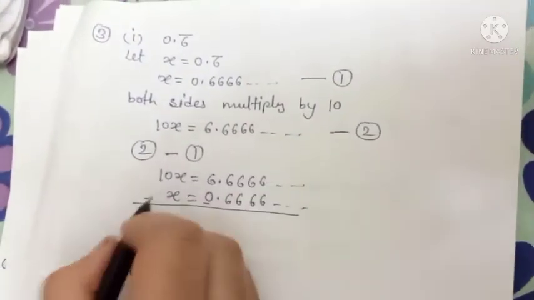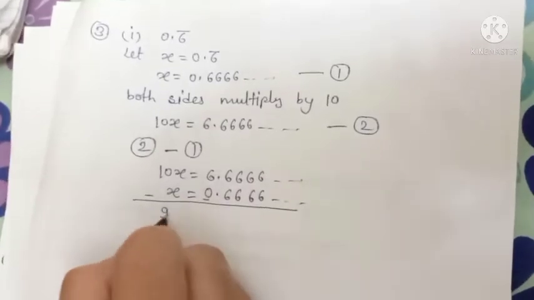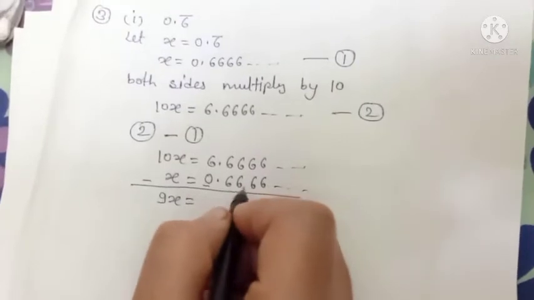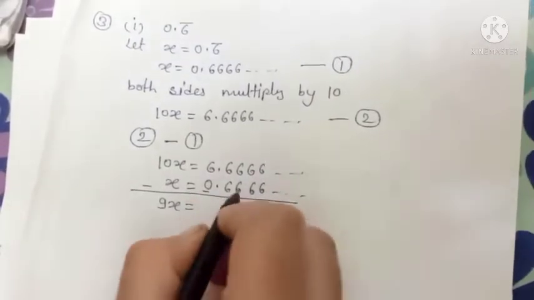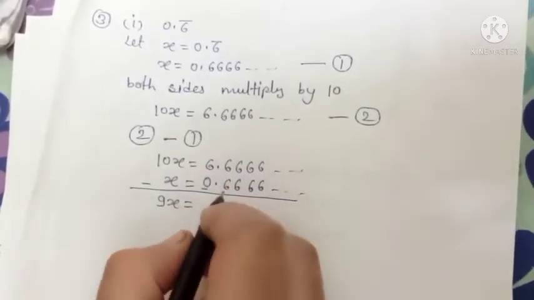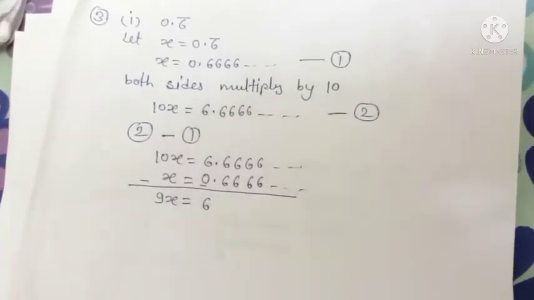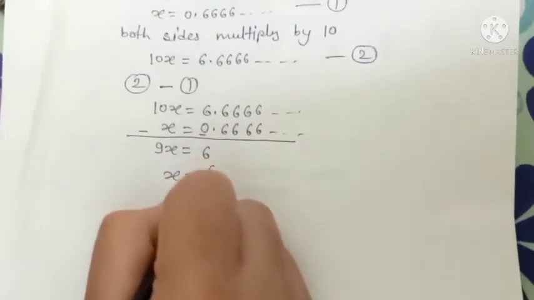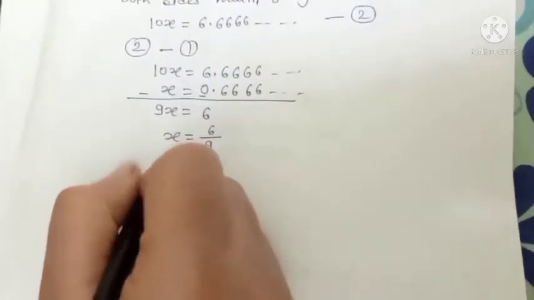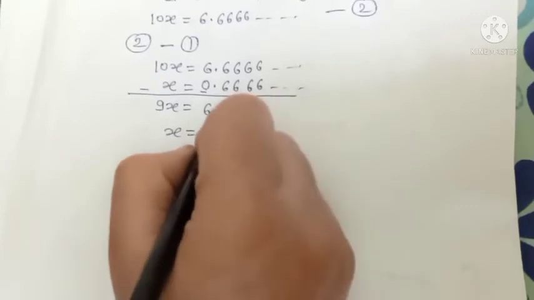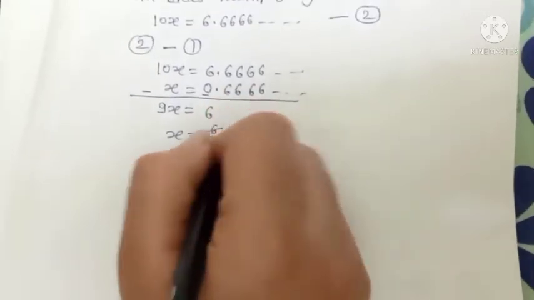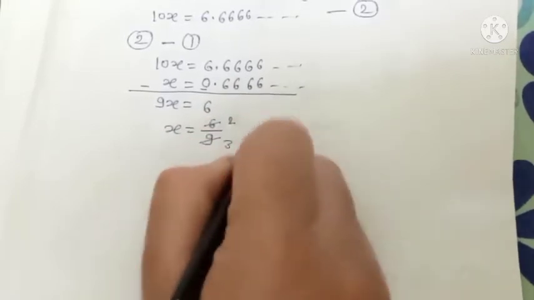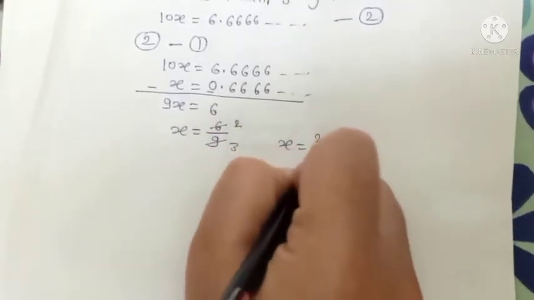Subtract both sides. 10 minus 1 becomes 9x, and 6 minus 6 becomes 0, and 6 minus 0 gets 6. Here x is equal to 6 upon 9. 6 and 9 are divisible by 3. 6 is 2 times 3, and 9 is 3 times 3. So x is equal to 2 upon 3.